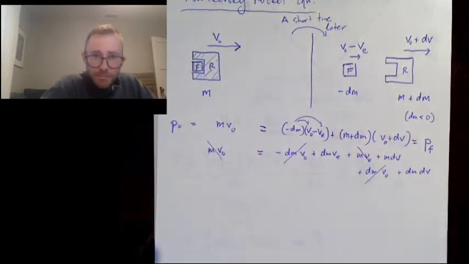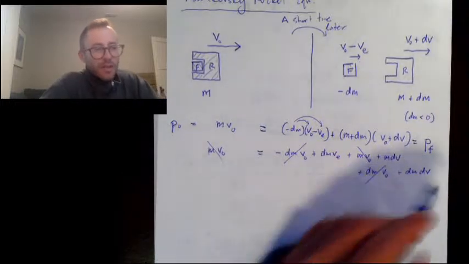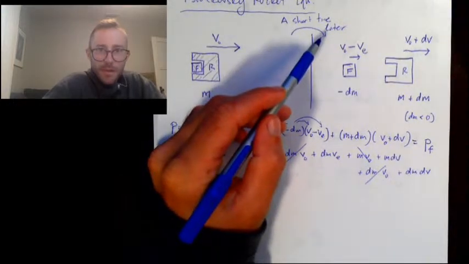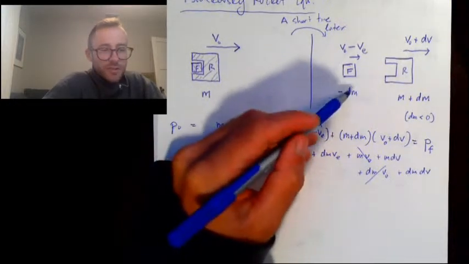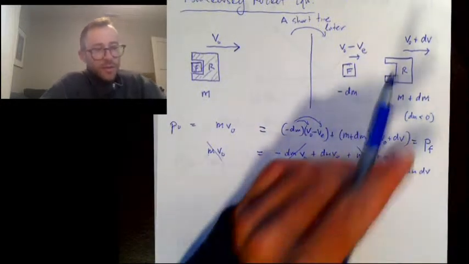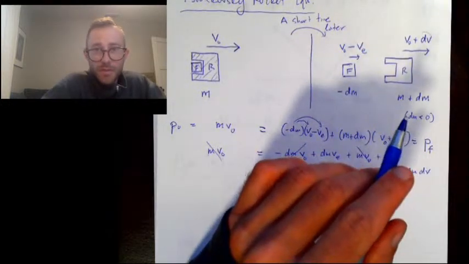And lastly, here we have dm times dv. Because we were looking at this a short time later, the amount of mass lost by the rocket is very small, and correspondingly, the velocity increase is also very small.